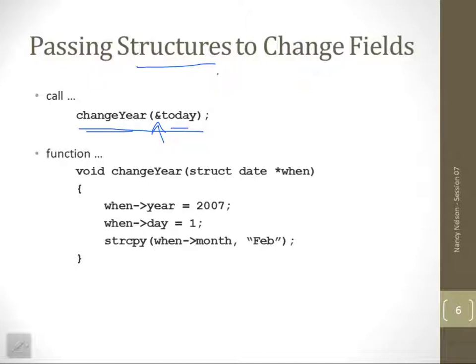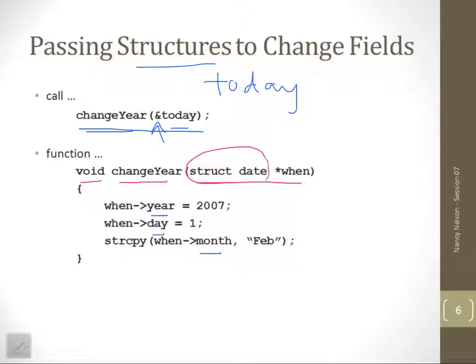today. So today is a structure, and it has information about the day. So here we can see an example down here, the year, the day, and the month. So year is an integer, day is an integer, month is actually a string defining February. So what happens now, if we look at the function itself, so there's the function name and not returning anything, what's important is what's right here.